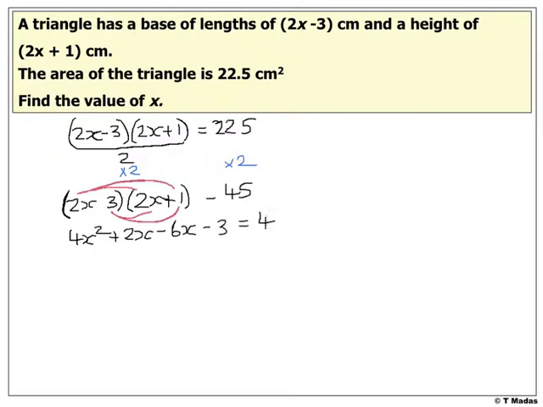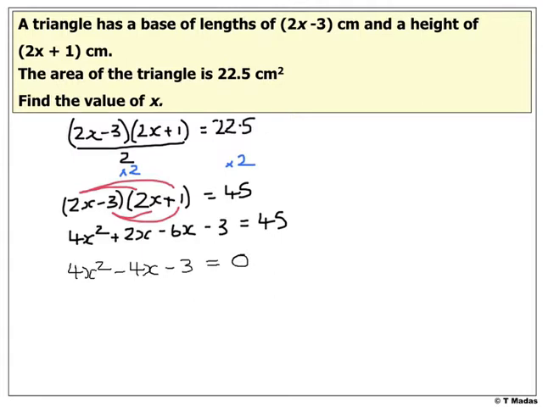And that all equals 45. Not set that out as well as I wanted to, but it'll do for now. So we're going to tidy this left hand side up by putting these two terms together. When I do that, we get 4x squared minus 4x minus 3 equals 0. Doesn't equal 0. It equals 45. Ignore me on that. I'm jumping ahead.